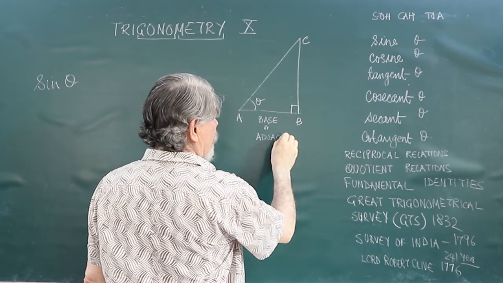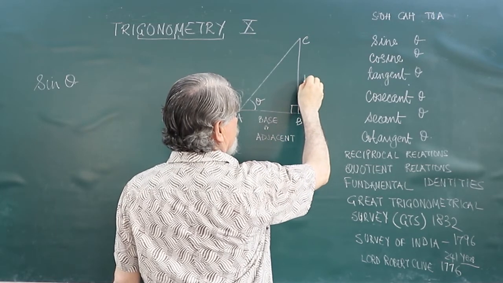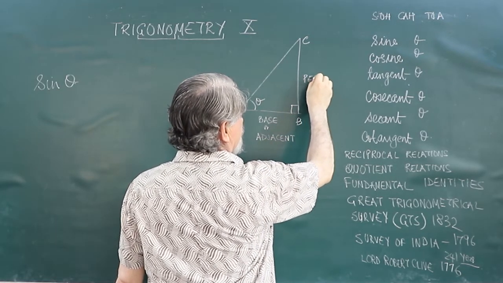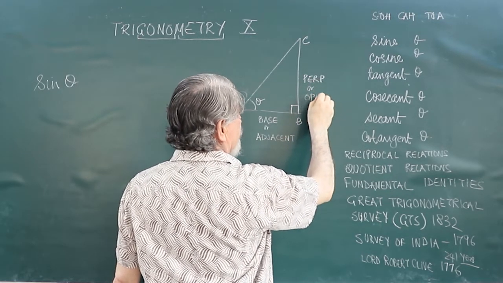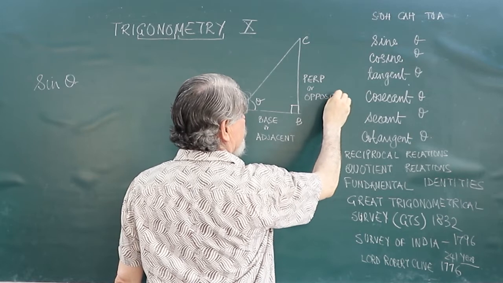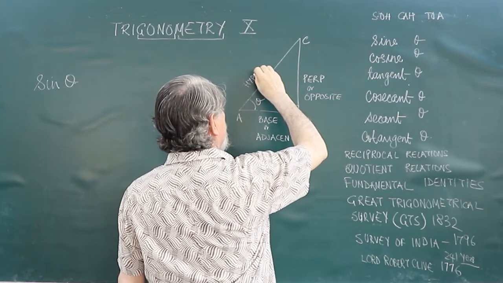This is called perpendicular, or it is also called opposite side. And of course this is hypotenuse.